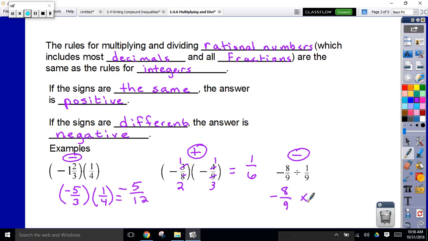You would flip 1 and 9, so it would be 9 over 1. Good. Then 9 and 9 have something in common, so it would turn into a 1. And then you would do 8 times 1 is 8, and then 1 times 1 is 1. What does that reduce to? That reduces to 8 all. Good. And remember, what was our answer supposed to be? Negative. So we have to make our answer negative.